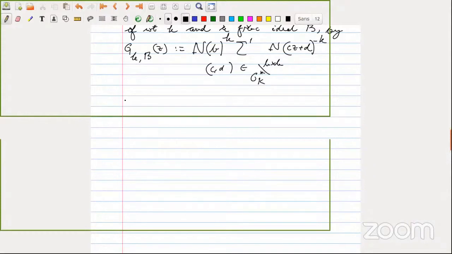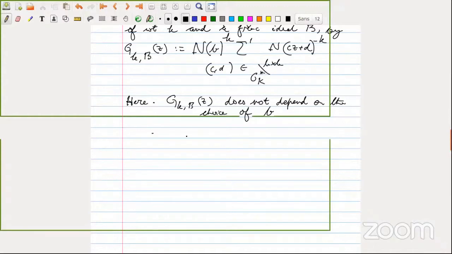The first thing to note is that G_k,B(z) does not depend on the choice of B. This B is a fractional ideal of F that represents B in the class group. This needs proof. I'm just stating this as fact.